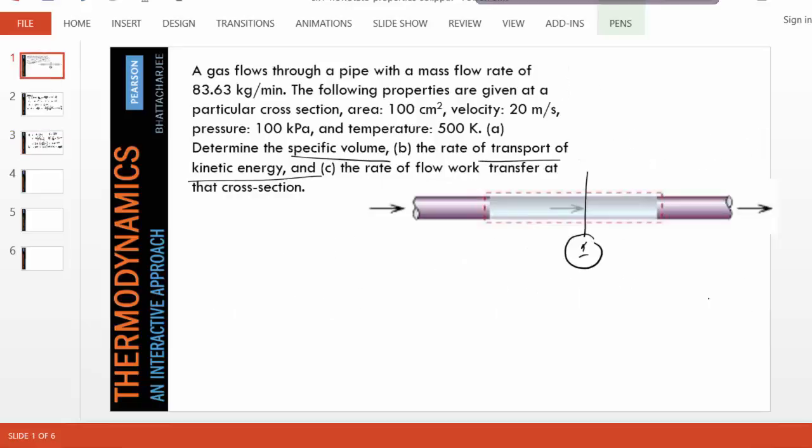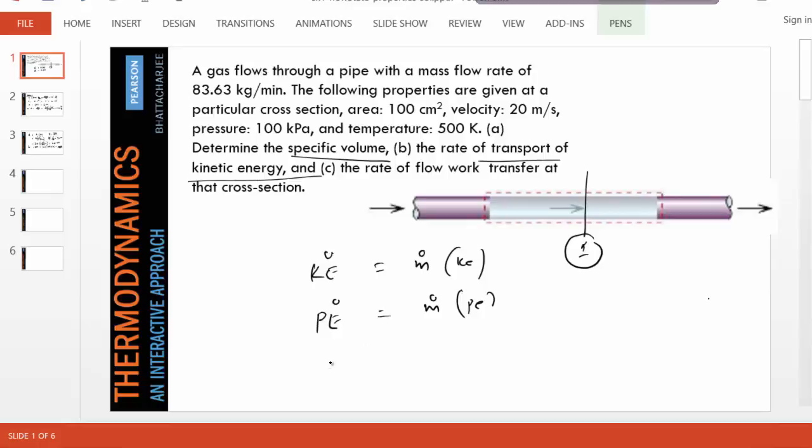So notice that when the flow moves through this cross section, it is carrying different types of energy, not only the kinetic energy. It carries Ke dot, which is m dot times Ke. It carries Pe dot, which is m dot times Pe.